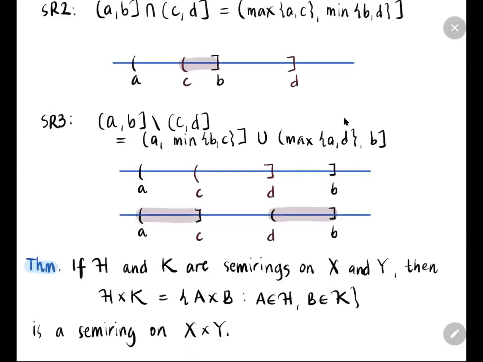So if I have a semi-ring H on X and another semi-ring K on Y, then the Cartesian products of these semi-rings, which is defined as the collection of Cartesian products A cross B where the first component A belongs to the semi-ring H, and the second component B belongs to the semi-ring K, is also a semi-ring on X cross Y. So therefore, the Cartesian product of two semi-rings is again a semi-ring on the Cartesian product of the underlying sets. In this case, X and Y.